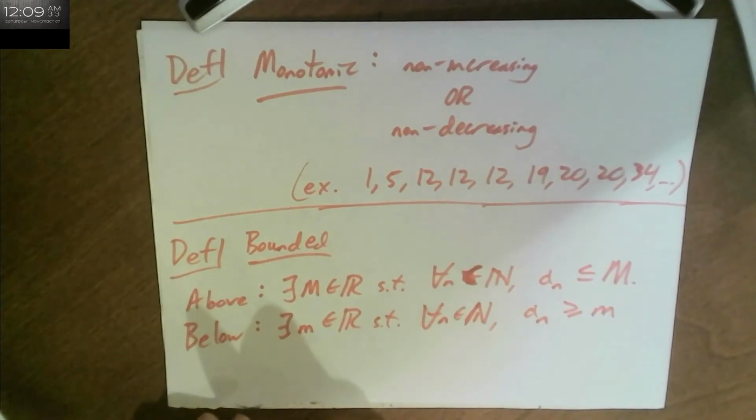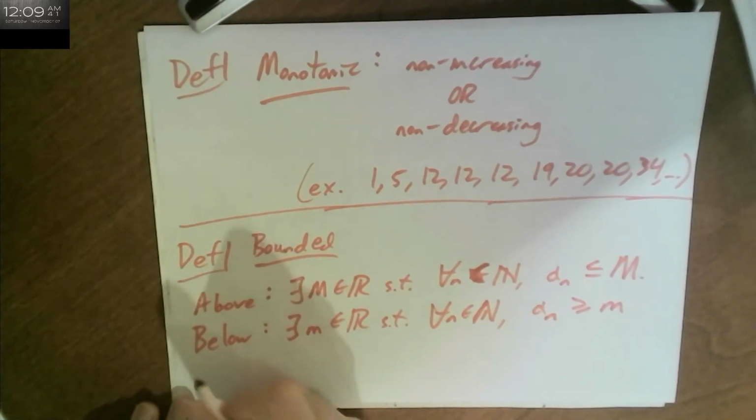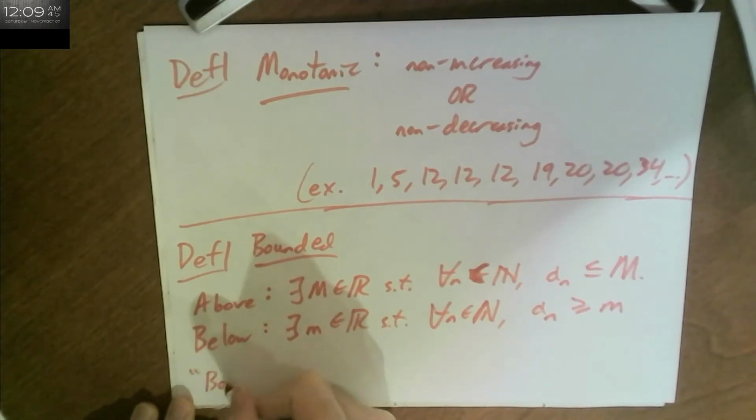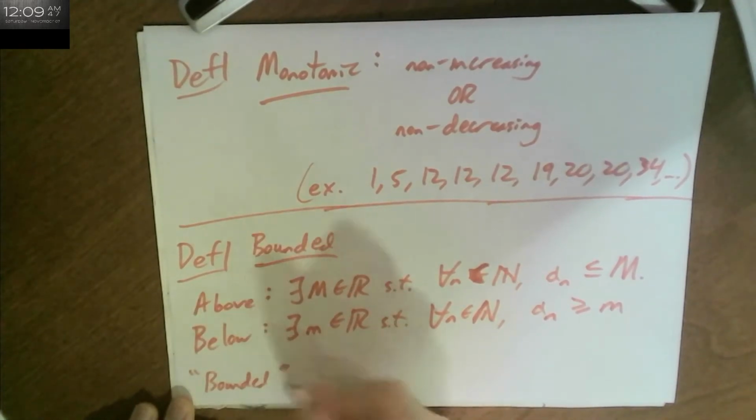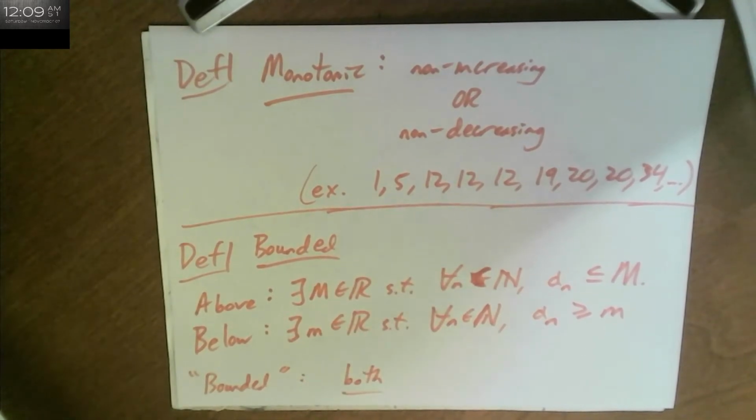And you can simply be bounded, full stop. So you can be bounded above, you can be bounded below, you can be just bounded. We don't say above or below, and that's both. So bounded above, bounded below, or just bounded, in which case both need to be true at once.